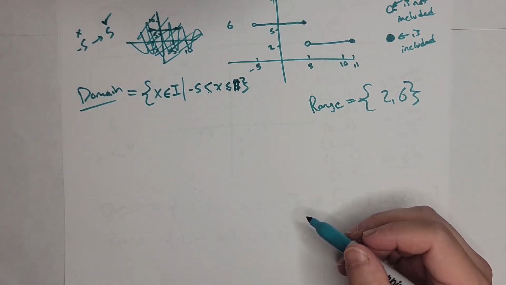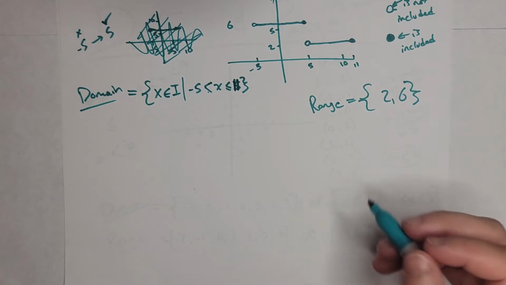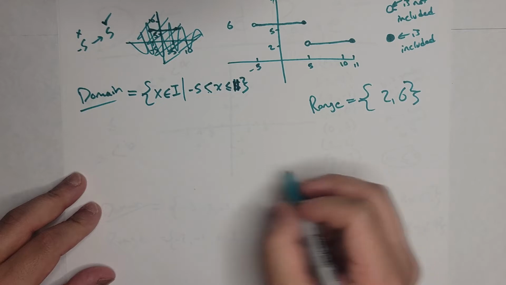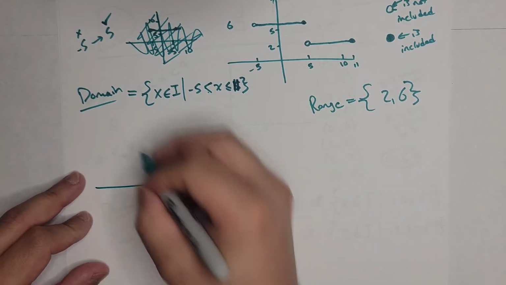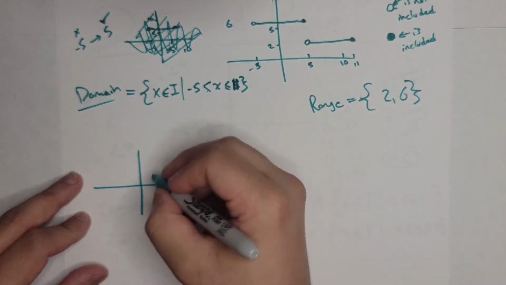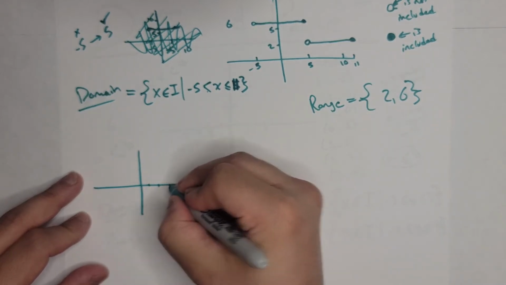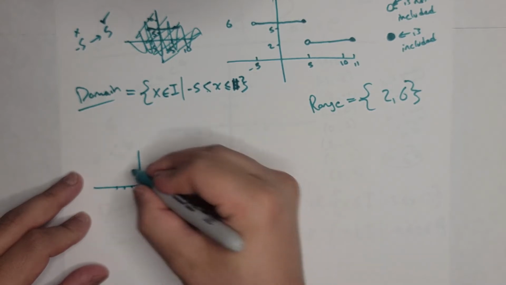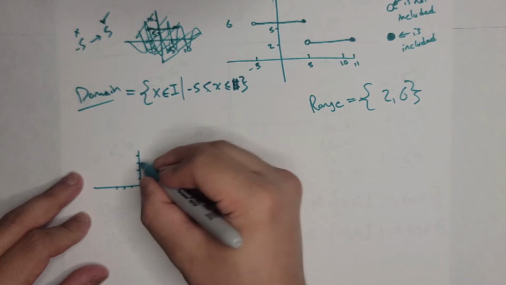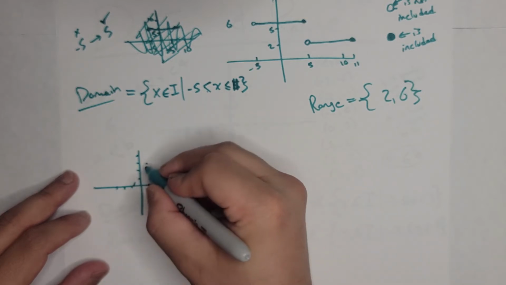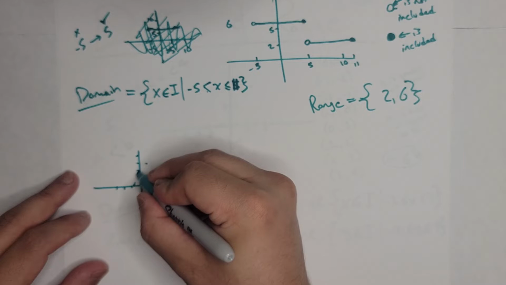Let's do one more, or even maybe two, but let's see. So let's say at 3, 1, we have a parabola that opens up.